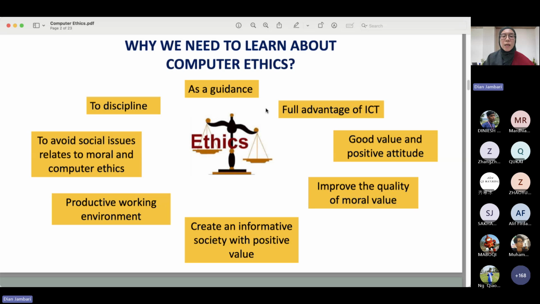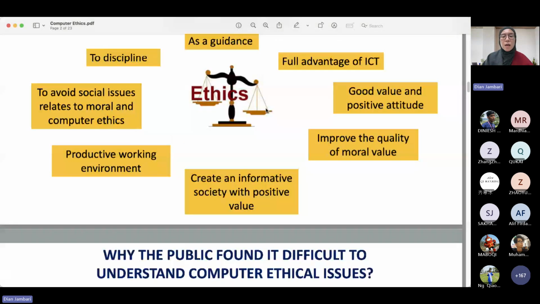Finally, another reason why we as computer and IT professionals need to learn about computer ethics is so that we can be disciplined and good in our profession. Those are several underlying reasons why ethics needs to be very close to us professionally, as someone who has the knowledge and skills.